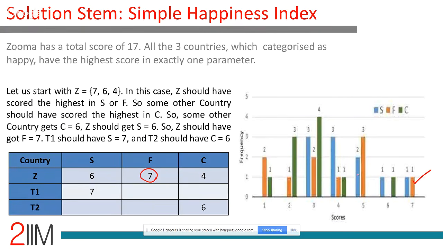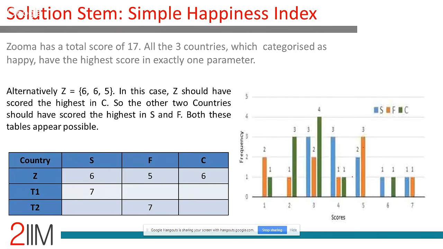If Zuma were 6, 7, 4, then Zuma has the highest in this. Somebody else should have the highest as this blue, which is S. The third person who's got the happy should have got this 6. So this is the highest in F, this is the highest in S, this is the highest in C. 3 different happy countries, each has got the highest in S, F and C, which is social support, freedom of choice and corruption perception.